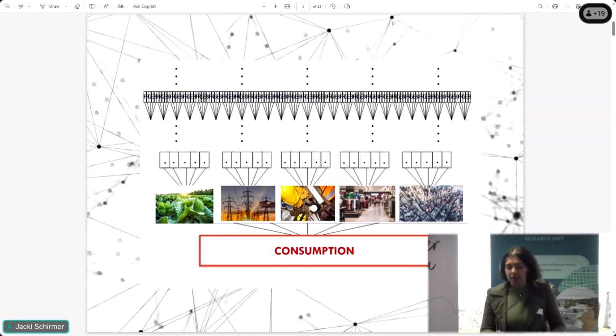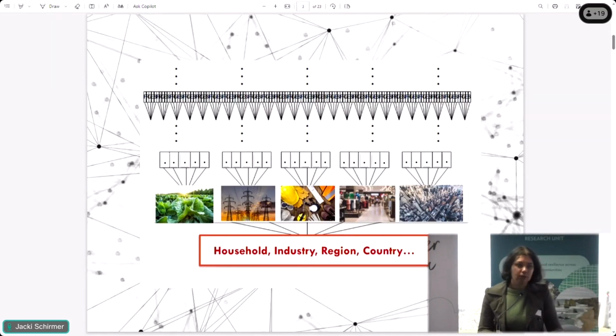And this consumption perspective can be at a household level, or it can be at an industry level. So if you have the food industry or the textile industry, that industry interacts with other sectors in the economy for producing a certain good or item. It can be for a region, so taking the entire regional perspective, and at a country level as well.